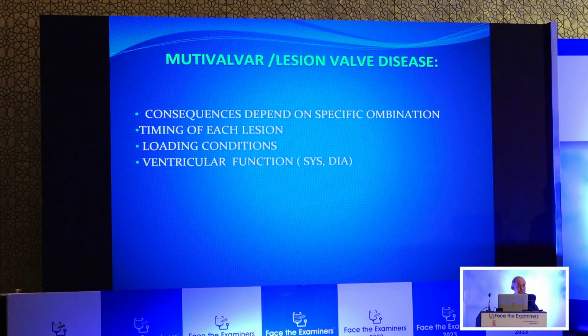It is important to understand that the consequences or the findings depend on the specific combination, whether the combination is of MS MR, AS AR, AS MS, or MS PH TR. So the consequences will depend on the specific combination and timing of each lesion.